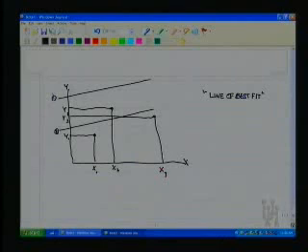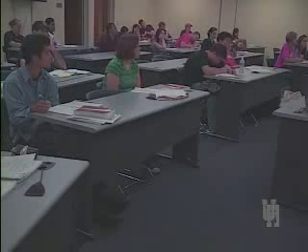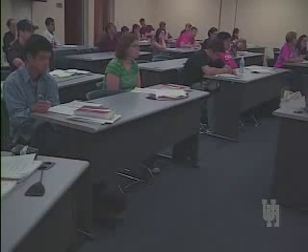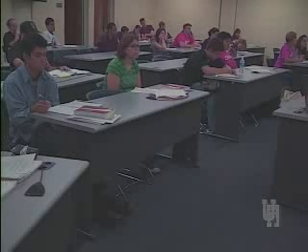Which is the line of best fit out of these two, line 1 or line 2? Would you all agree that line 2, given the choice here, would be the line of best fit? Would somebody care to explain to me why? Doesn't matter how clumsily you do this. I'm not looking for eloquence.